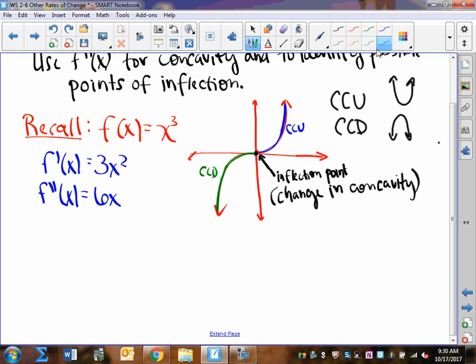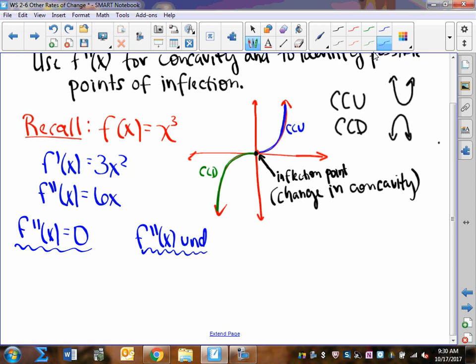So our second derivative test is similar to our first derivative test. We want to take a look at when our second derivative is equal to 0, and also when our second derivative is undefined. This will identify potential points of inflection, and then we have to test it on the number line.